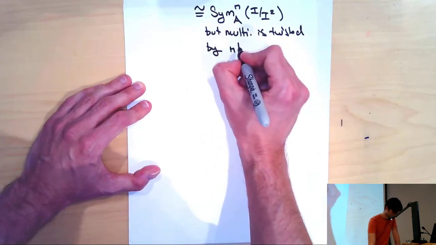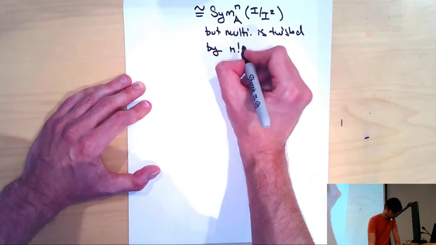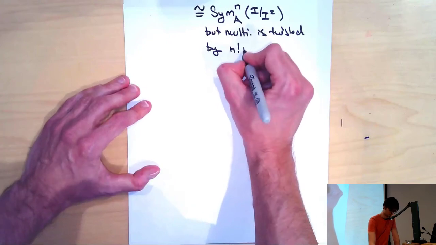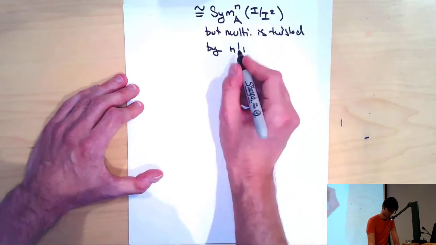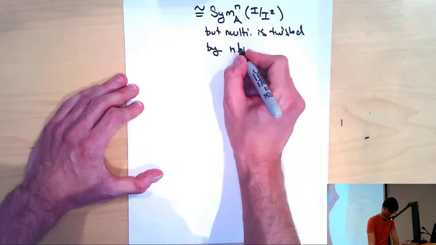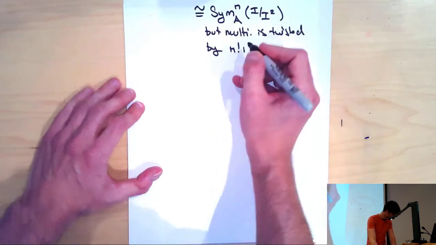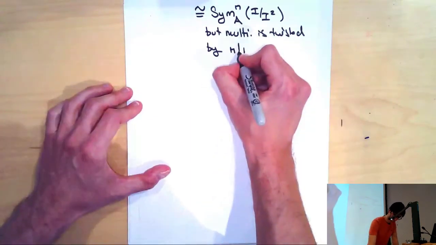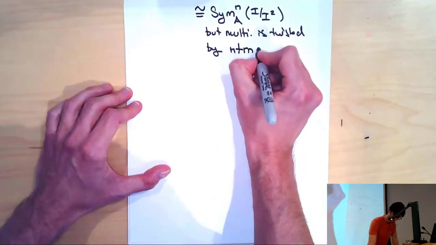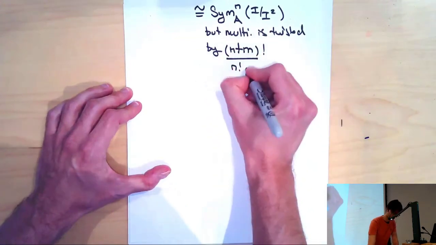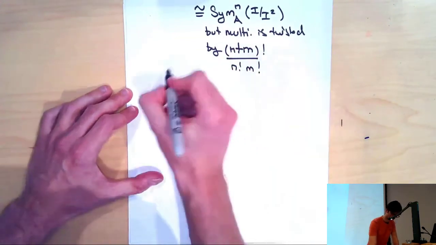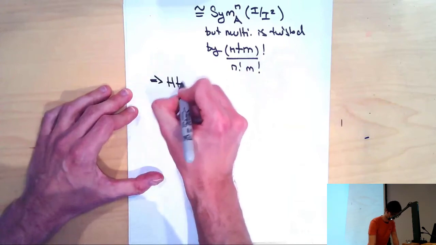Let me say n plus m factorial over n factorial m factorial. Okay, what do I mean by this? Let me write down the final conclusion.